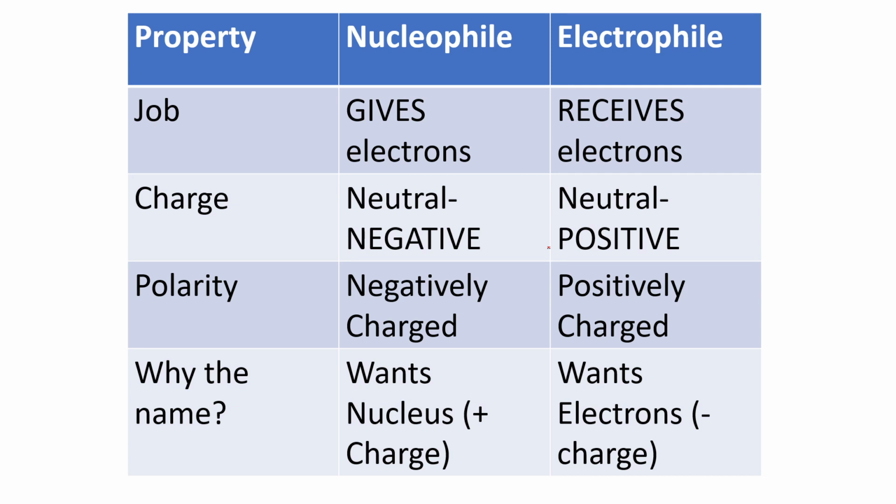An electrophile, on the other hand, receives electrons as its main job. The charge is neutral to positive. Please take note that nucleophiles and electrophiles can be neutral in nature. They are both candidates if they are neutral. And the polarity is positive. This is named an electrophile because it wants electrons. It wants a negative charge.